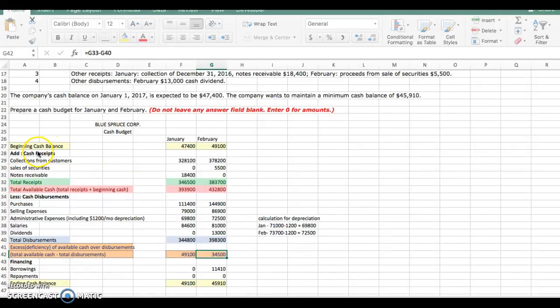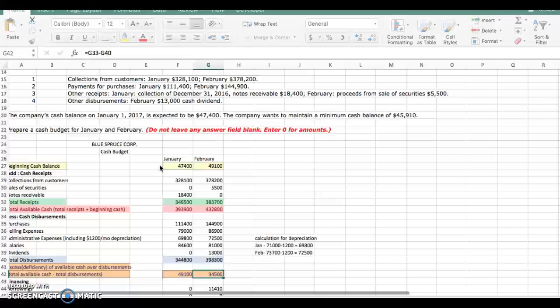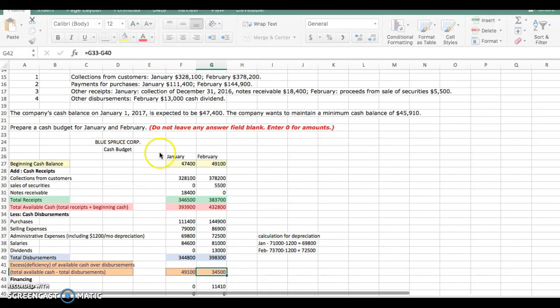The next thing we'll do is add in all of our cash receipts, which would be collections from customers. For January that would be $328,100. Sales of securities, we didn't have any for the month of January.